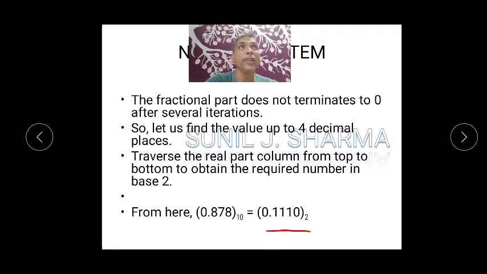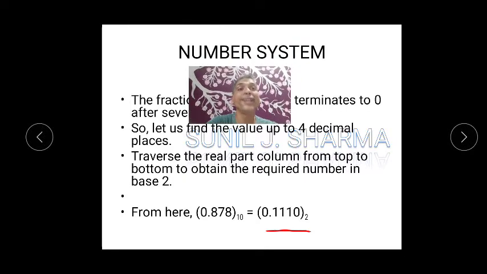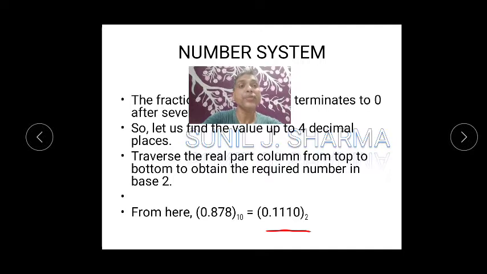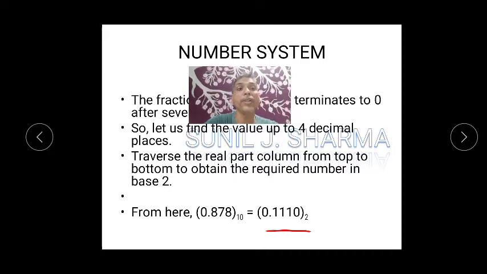In the real part, you take the remainders as your answer, and you move from bottom to top. In the fractional part you multiply by 2, and the number before the decimal is your answer, and you move from top to bottom. Okay, so I hope you understood whatever I showed you in the slides.